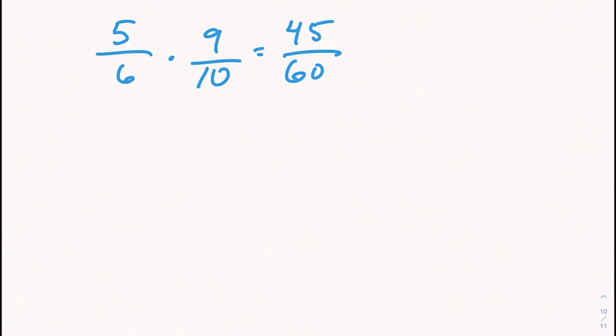So there's a fast way to do it, but maybe you don't recognize right away that they're both divisible by 15. Maybe you just see a 5. So you divide both top and bottom by 5, right? Then you will get 9 over 12.